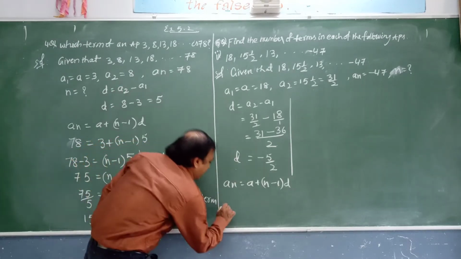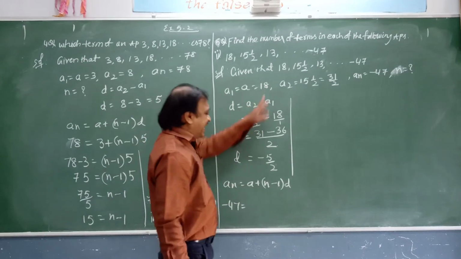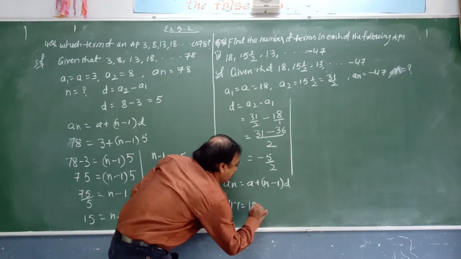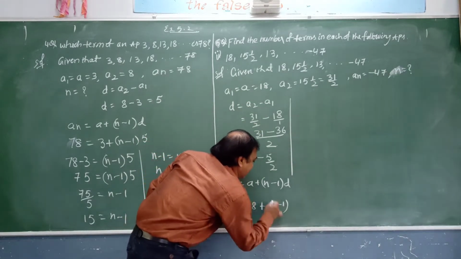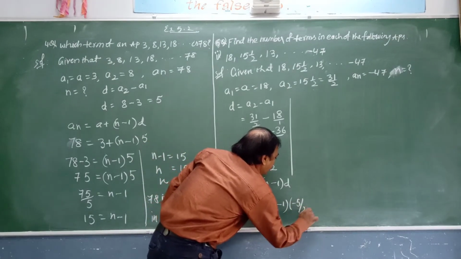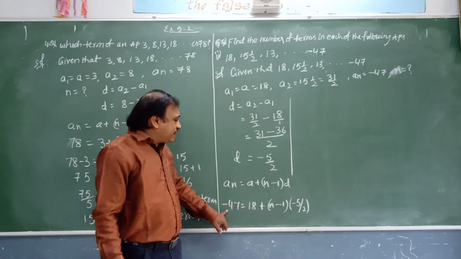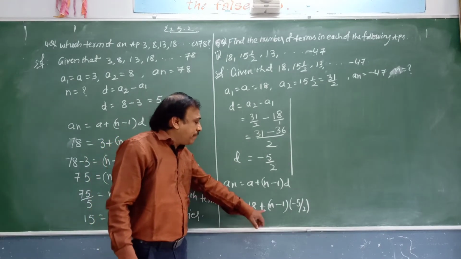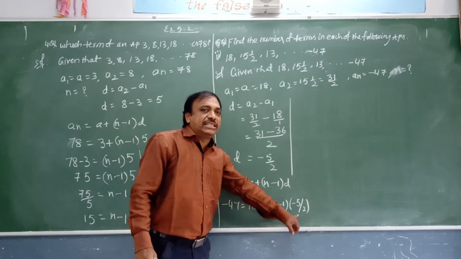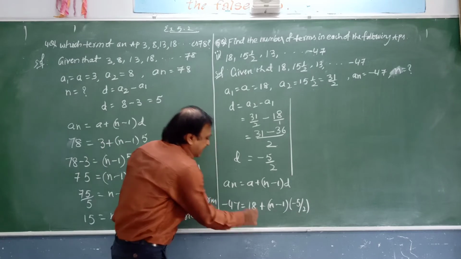An is minus 47, which is equal to a, that is 18, plus n minus 1 into the difference, minus 5 by 2. So minus 47 is equal to 18 plus n minus 1 into minus 5 by 2. Transpose this 18 to this side.